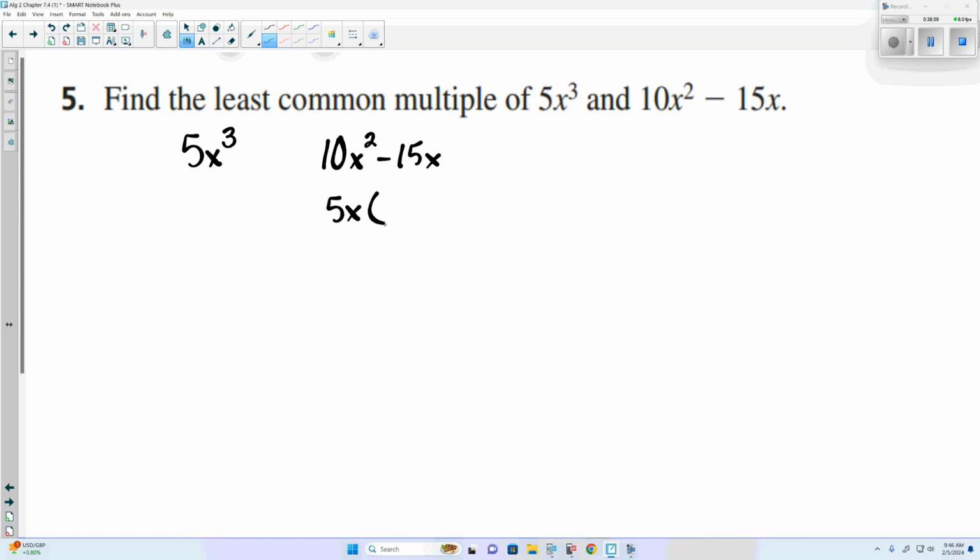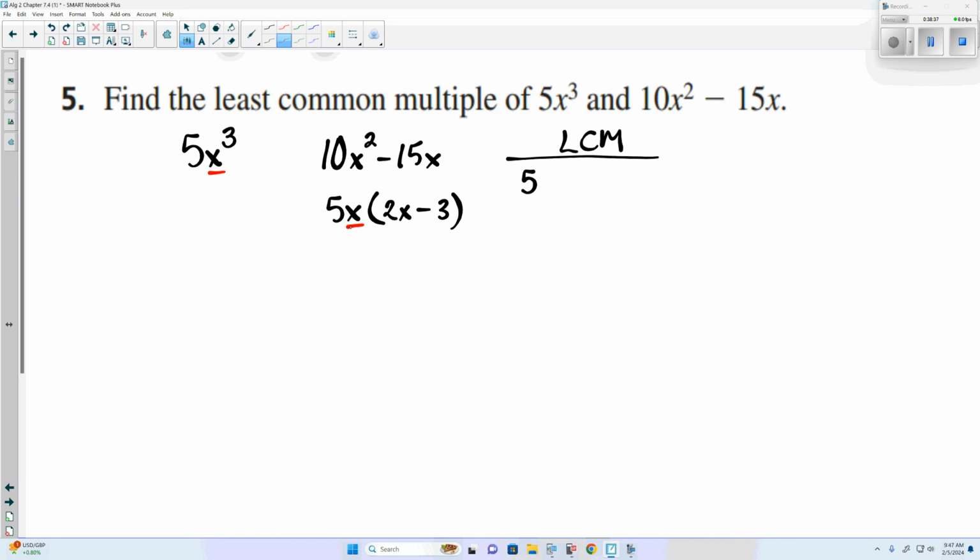So we can factor the 5x out of 10x squared and get 2x minus 3. Luckily for us, the number in front, 5 and 5, those are already the same, yes? So part of our least common multiple would be 5.